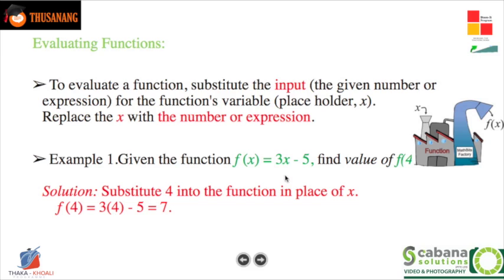Remember, in our function f of x, we have x. So in place of this x, we put 4. That is why we have 4 here. So we are going to have 3 multiplied by 4 minus 5. Then 3 multiplied by 4 is going to be 12. Then 12 minus 5 is going to be 7.